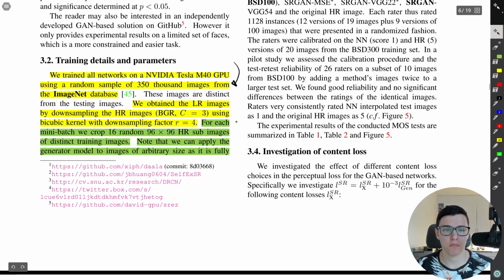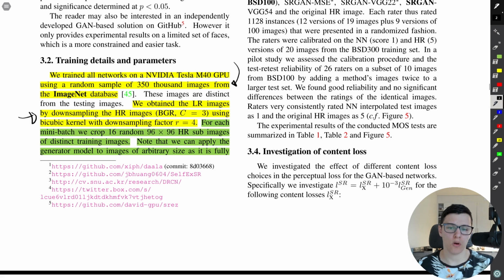All right, and then they obtained the low resolution images by downsampling the HR images using a bicubic kernel with downsampling factor R equals 4. And this right here, it's really an assumption, right? That the low resolution image is the same as when you would downsample the high quality image.